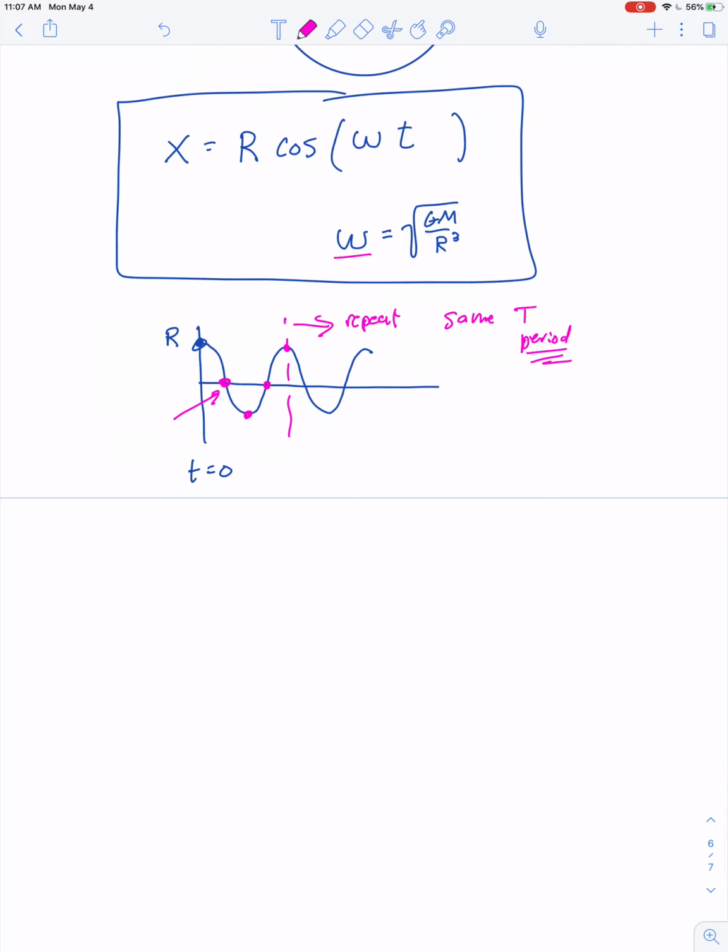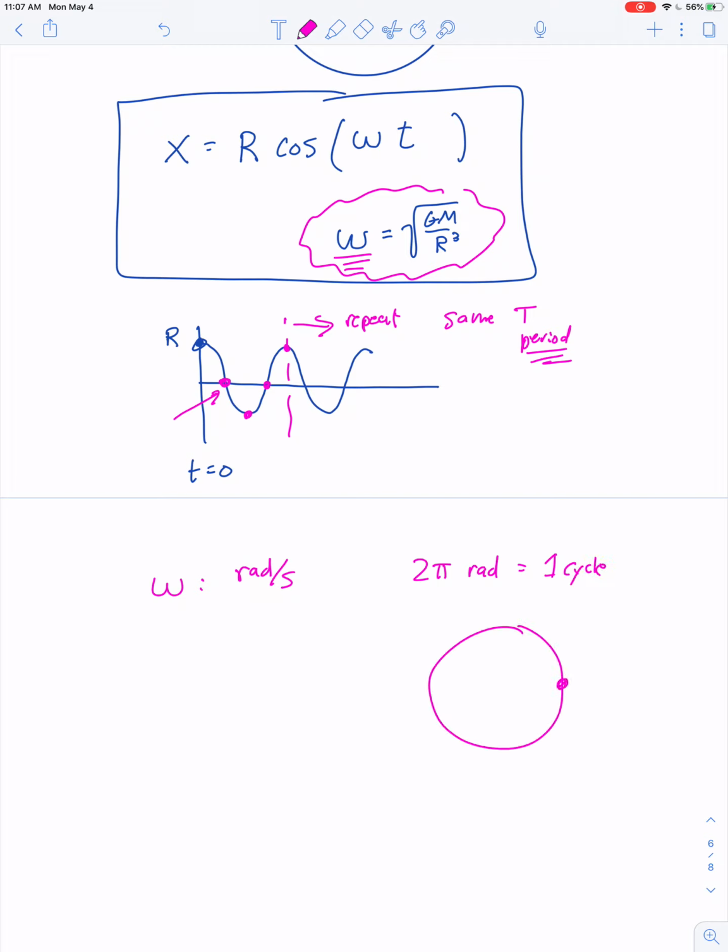Now, wait a minute here. I want to take a closer look at this. Omega is a number of radians per second, and there are 2 pi radians in every cycle. Think of a unit circle. If an object's moving around with uniform circular motion, one cycle is one complete lap around the circle, and so the angular displacement in one full cycle is 2 pi radians.